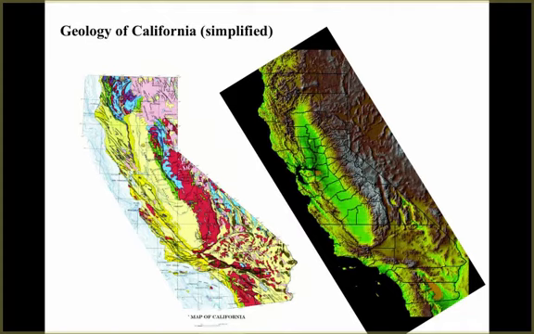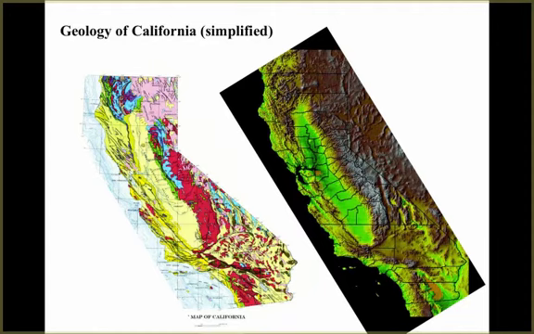And then back here in the Mojave Desert and Death Valley area, this is the part of California that is within the continental rift of the Basin and Range, so there is some spreading and thinning of the crust there.